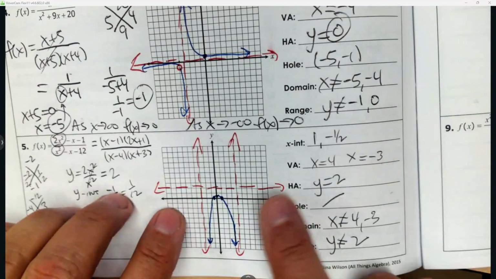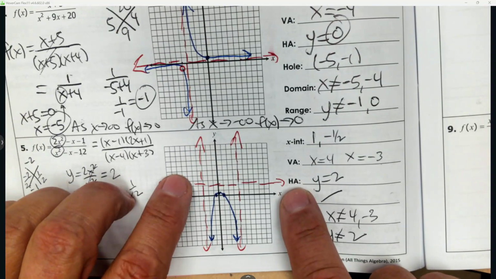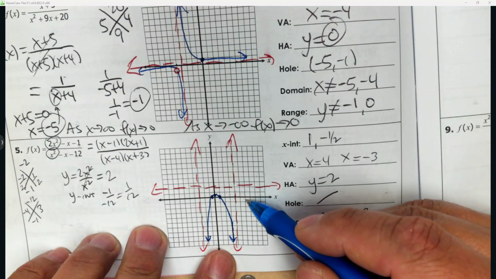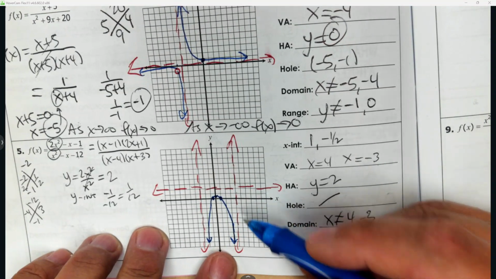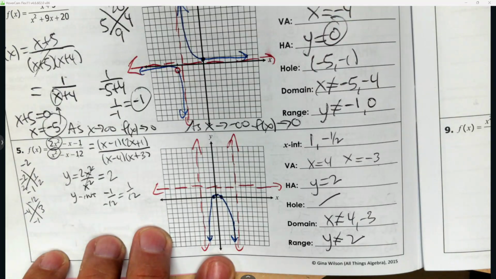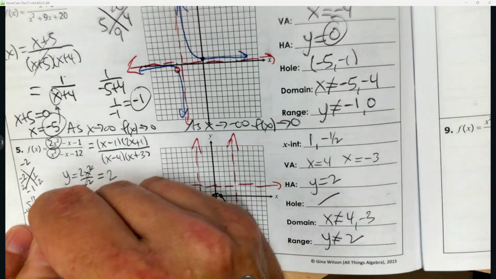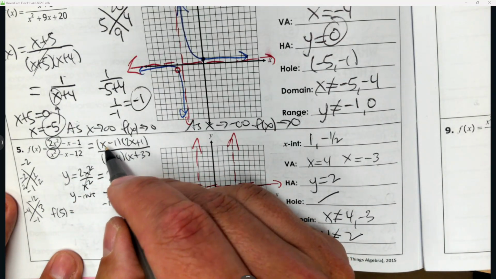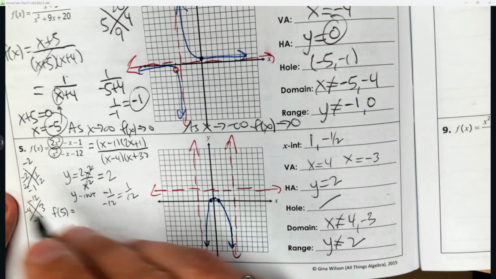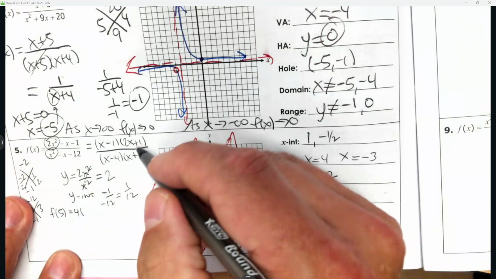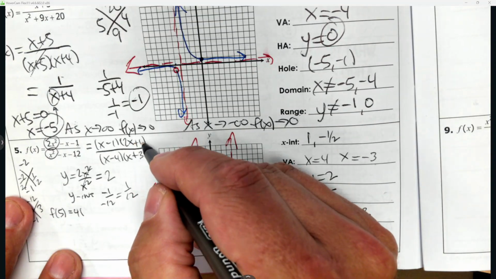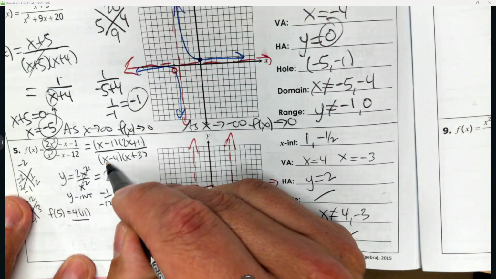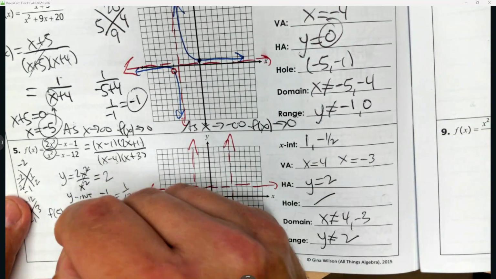But I also have a picture on the right and a picture on the left. So the asymptote on the right is 4, so I'm going to plug in 5 and see what answer I get, and then put that in on the graph. So if I plug in 5 into the numerator, I get 5 take away 1, which is 4. 2 times 5 plus 1, that's 11. 5 take away 4, which is 1.